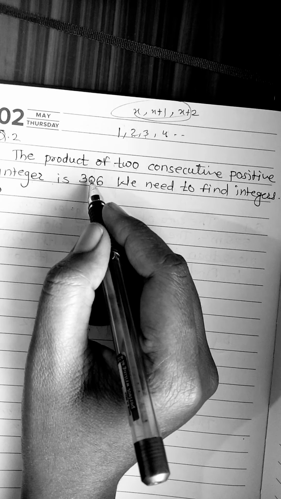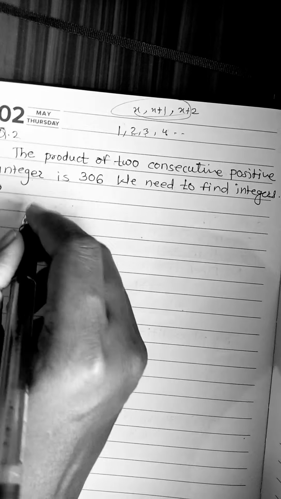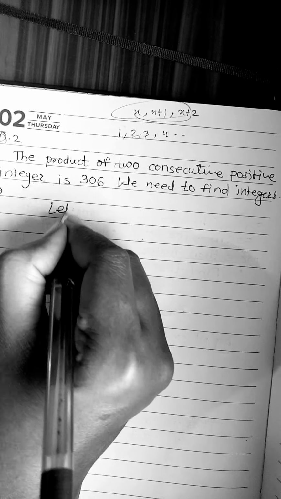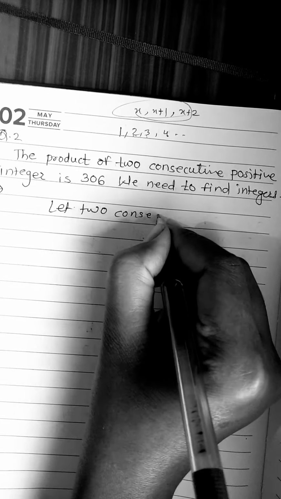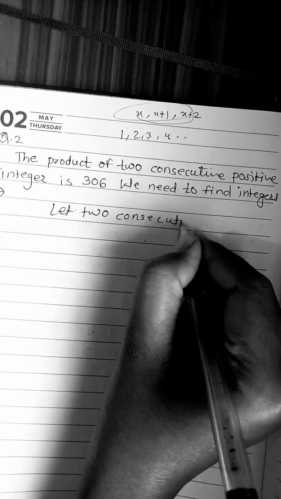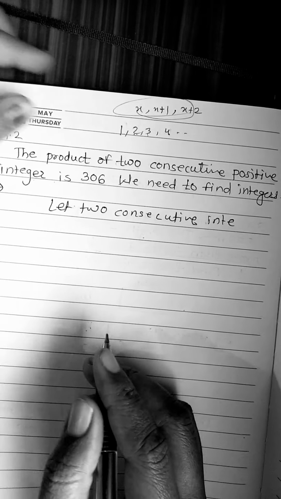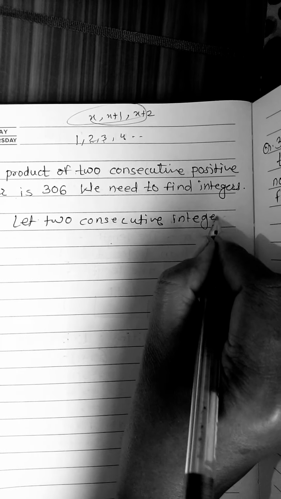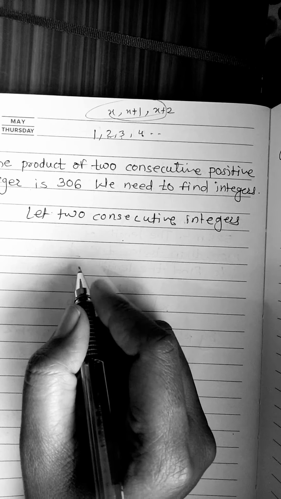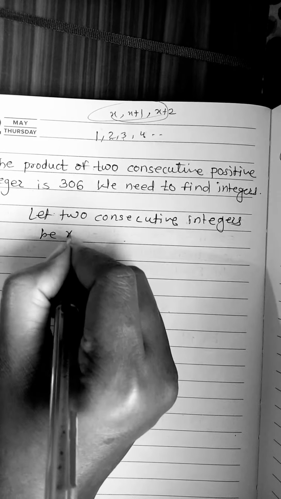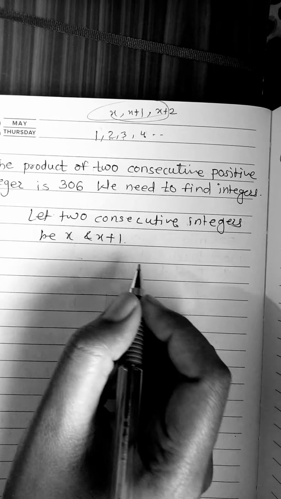So let us consider the two consecutive integers to be x and x plus 1.